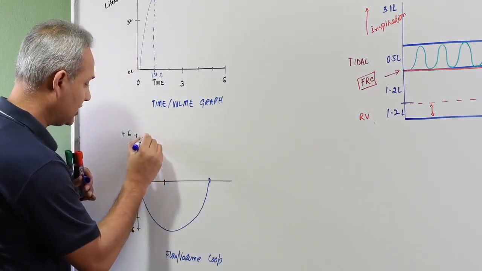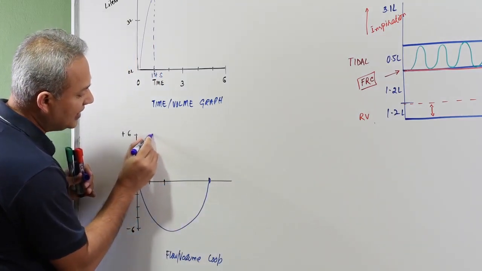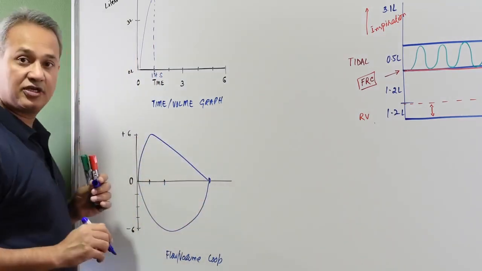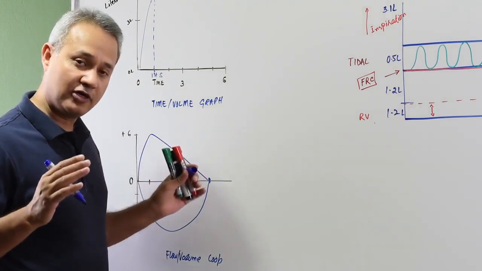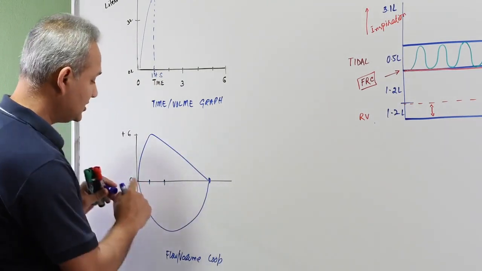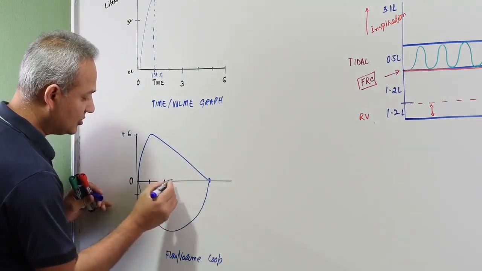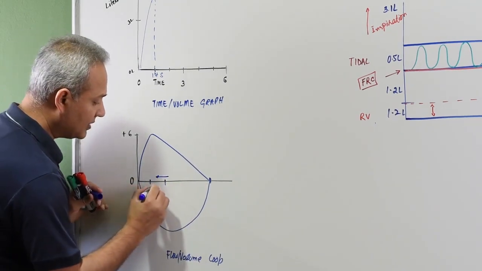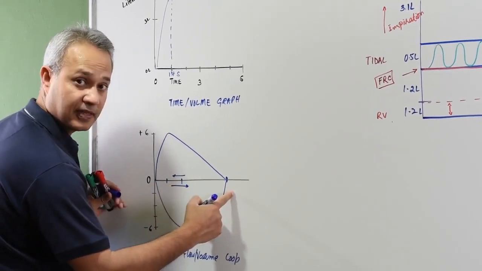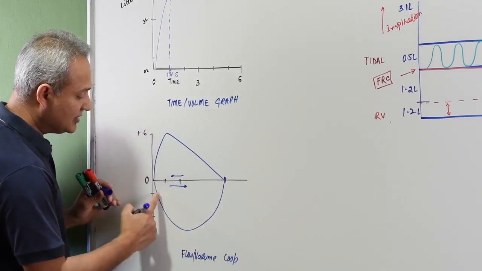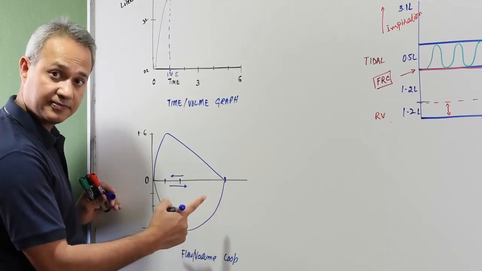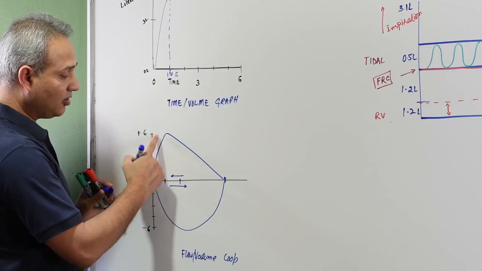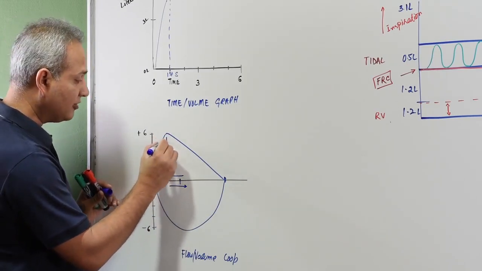So that is shown here like this peak, and then a linear reduction in flow as the volume keeps reducing. So this way volume is increasing, chest volume or lung volume. This way volume is reducing. This way flow is increasing, and this way flow is reducing. So flow increases on the exhalation a lot within the first second.